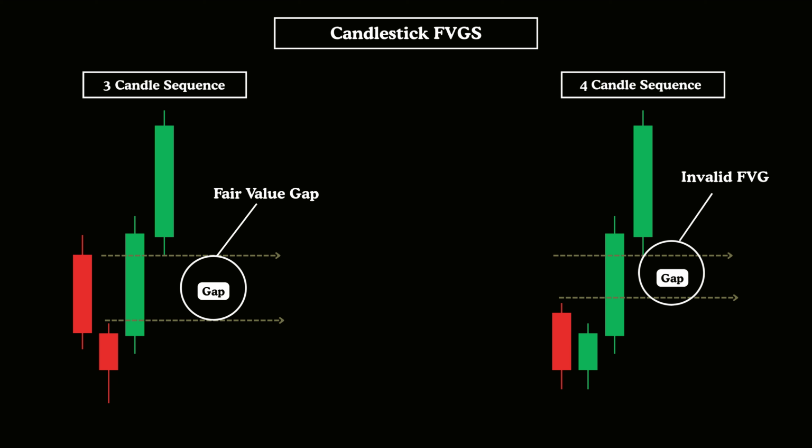Take this example. If we try to define the fair value gap using only the 3-candle sequence and ignore the red candle that came before, our zone will be misidentified. This logic also applies in bearish conditions. It's essential to recognize that these methods can be used across multiple timeframes and any chart built on price action.